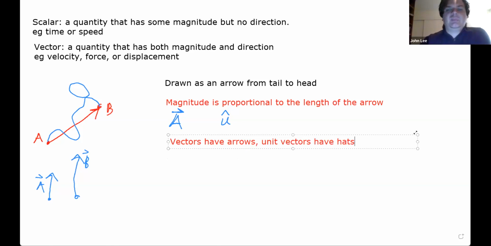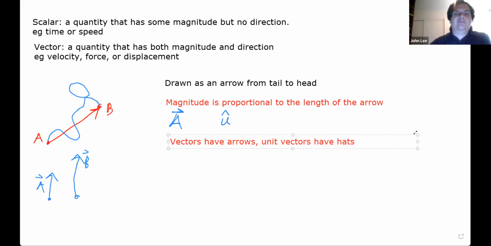So what basically the unit vector is telling you is that you have a vector, which is a quantity that has both magnitude and direction, and then the unit vector just tells you the direction.